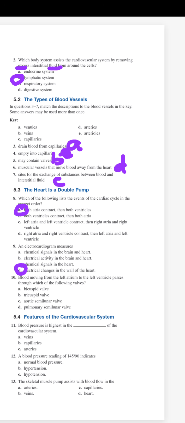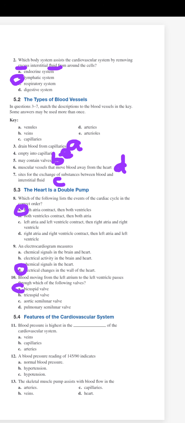Blood moving from the left atrium to the left ventricle passes through which of the following valves? This is where you have to memorize their names. Always the left one is bicuspid, the right one is tricuspid.